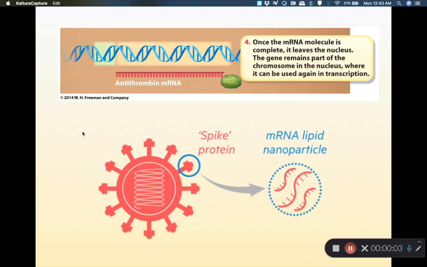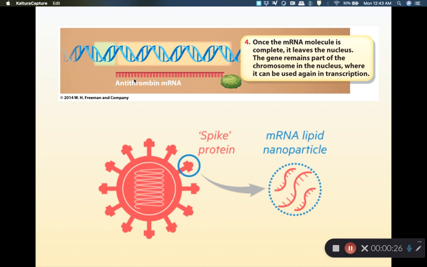Hi everybody, welcome back. So in our last lecture, we were looking at the process of transcription, or how DNA provides a template for mRNA to essentially extract the genetic code.